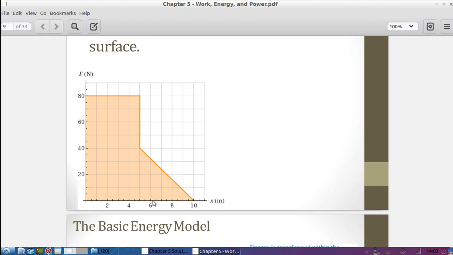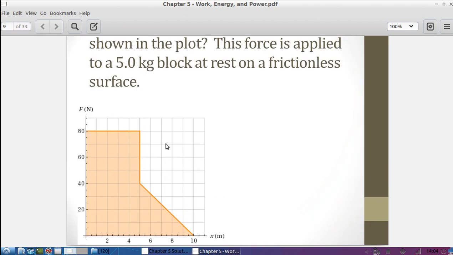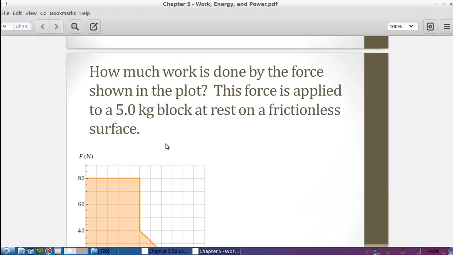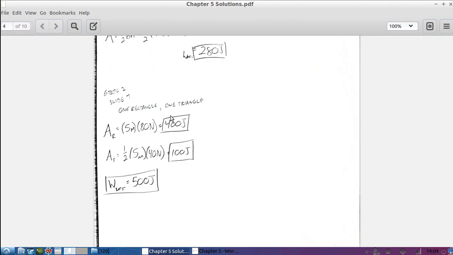It's a triangle, so it's 1/2 the base, 5 meters, times the height, 40 newtons. That's 100 joules. So the total work done by this force on the 5 kilogram object, though we don't need the mass in this case, is 400 joules plus 100 joules, 500 joules.